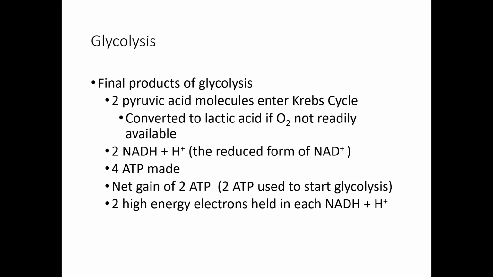So you're ahead because you got 4 ATP out of it. So you're ahead by two ATPs. You burned 2 ATPs, you made 4. Don't get confused. A test question would ask you, what is the total number of ATPs made during glycolysis? The answer is 4. What is the net total? The answer is 2.